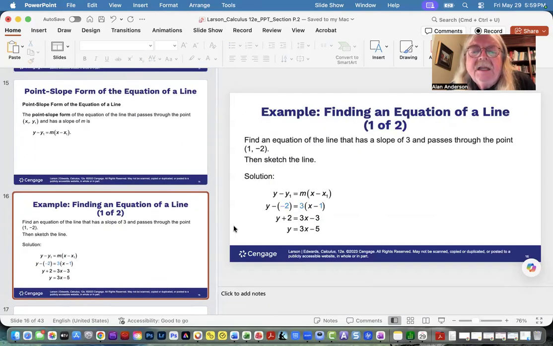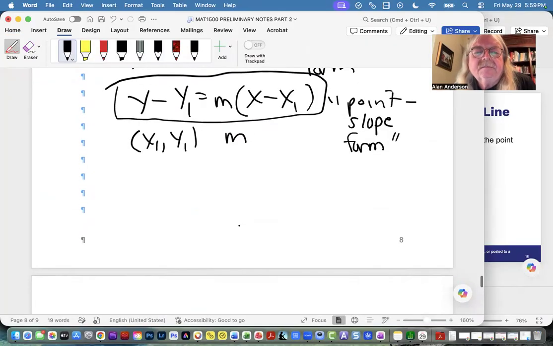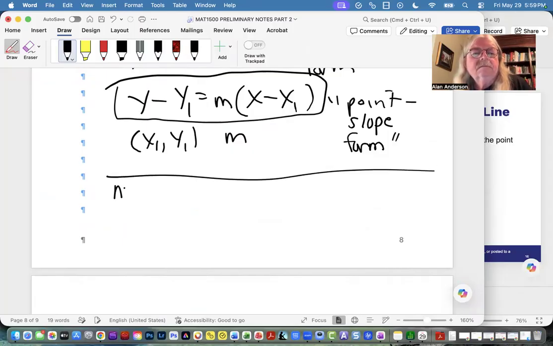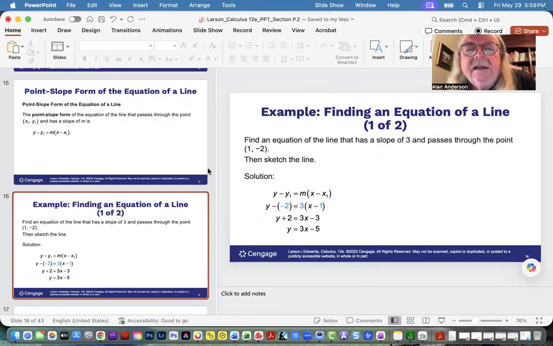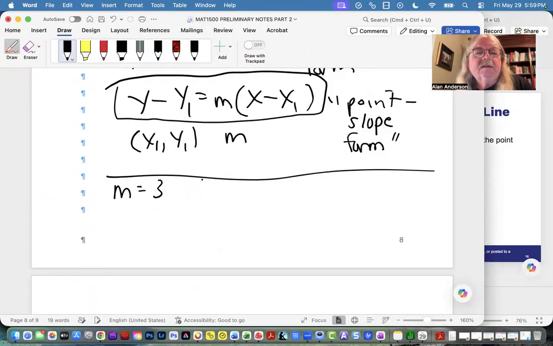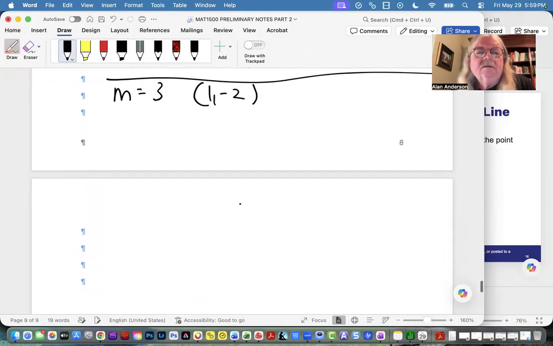So they're going to ask us to solve for this one. They're going to say, well, listen, what if you have a slope of 3 and the point 1, -2 is on the line? They're going to have us start with the point slope form.